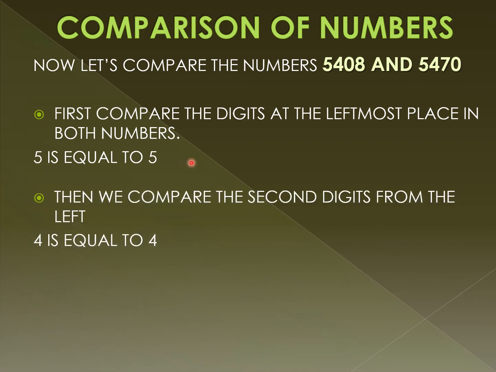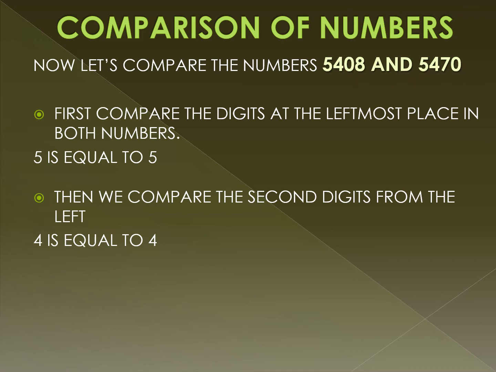In the next step, we compare the second digit from the leftmost place. The second digit in 5,408 is 4, and the second leftmost digit in 5,470 is also 4. So again, 4 is equal to 4.